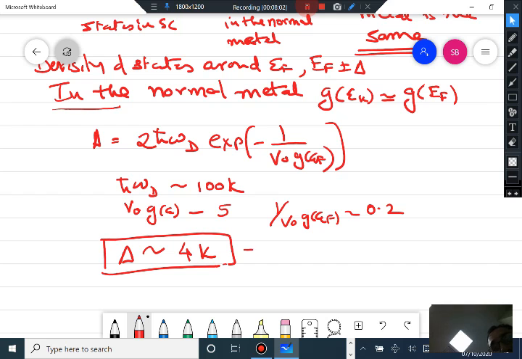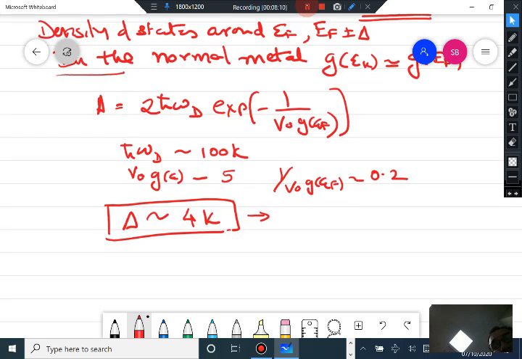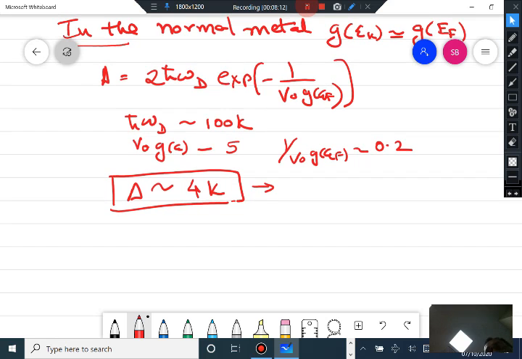So this is much smaller than the typical Fermi energies present inside the system. So delta is definitely very small, and so if you are looking at around the Fermi energy, the density of states of the normal electrons will be approximately taken to be equal to G of EF.